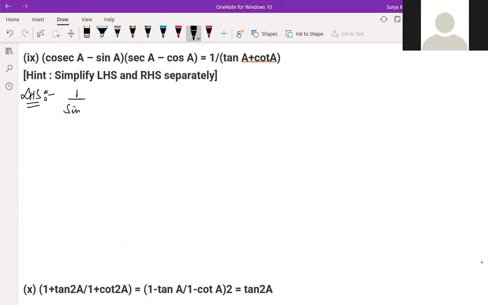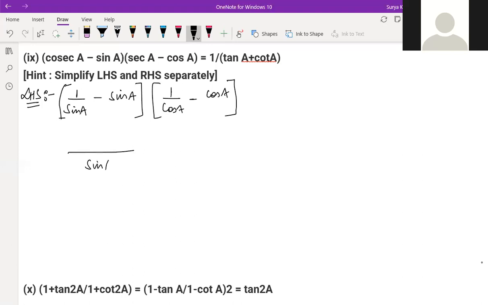The 1 by sine A minus sine A in a bracket, sec A, that is 1 by cos A and minus cos A. Take the LCM over here.